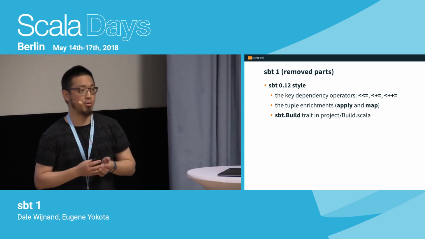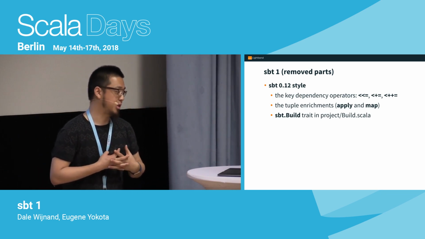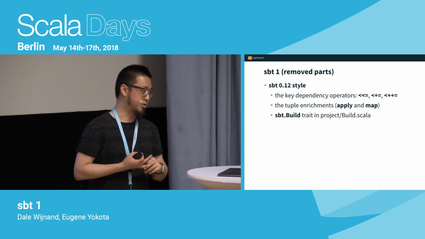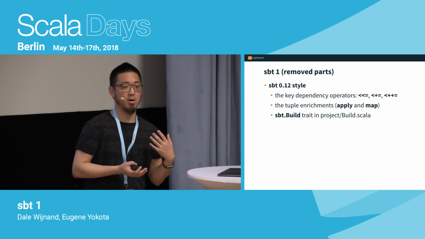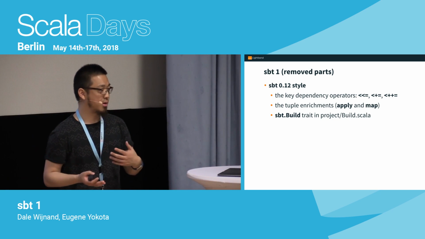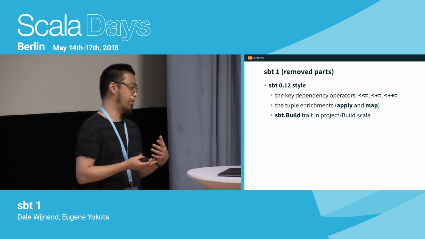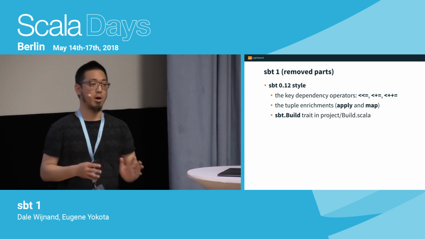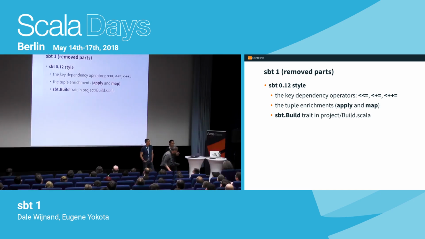Another part that was removed is the SBT 0.12 style of the DSLs. That includes the key dependency operators, popularly known as the fishbone operators, tuple enrichments, as well as the sbt.Build trait. So that's the Build.scala style of writing builds that was removed.